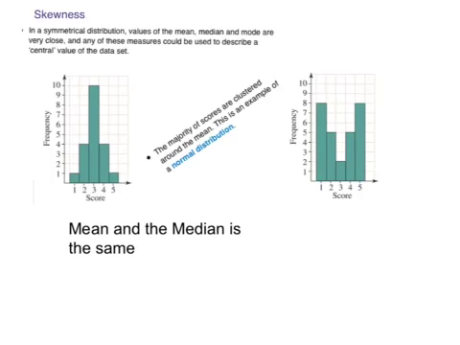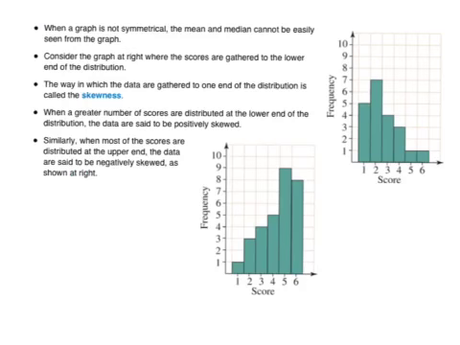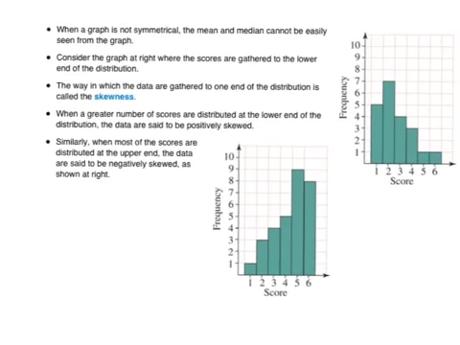So what happens when the graph is not symmetrical, like this graph here and this graph here? When they are not symmetrical like that, we call the graph skewed.